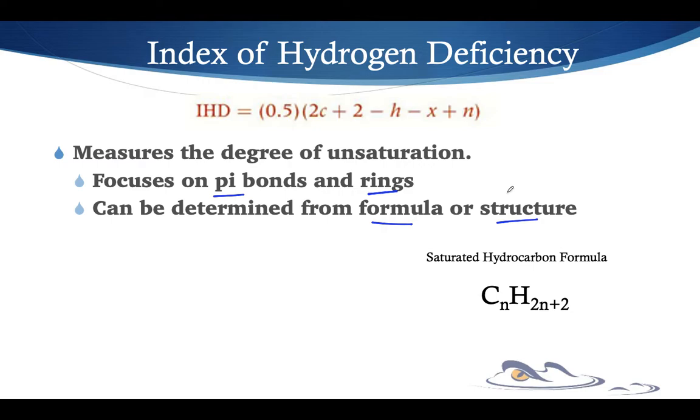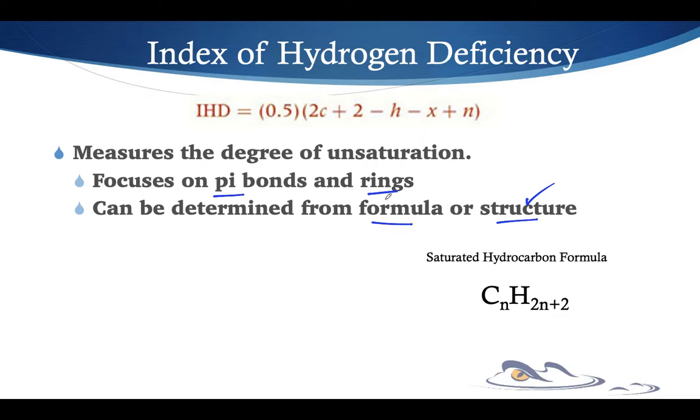Now, I don't find it too helpful to look at the structure itself and talk about degrees of hydrogen deficiency because the structure is what we're trying to get to, yes? So usually this gets used in a way like we take a formula and figure out from the formula what the structure is going to be. So generally we do this degree of hydrogen deficiency or the index of it with the chemical formula.